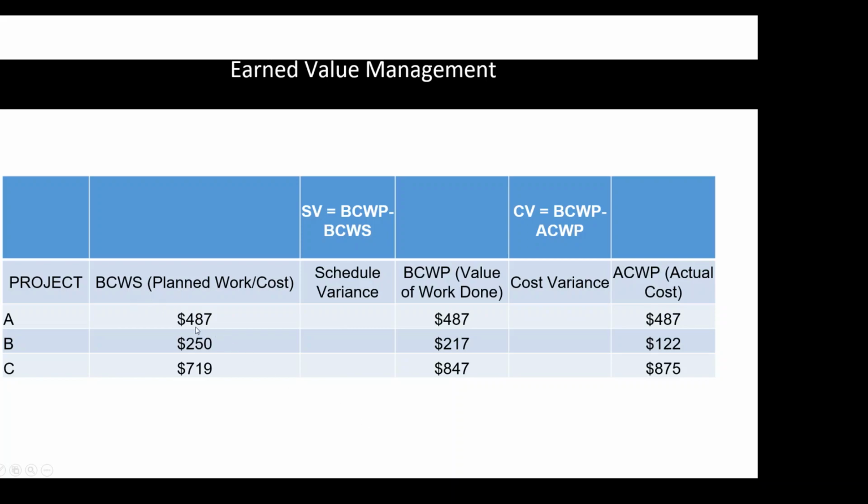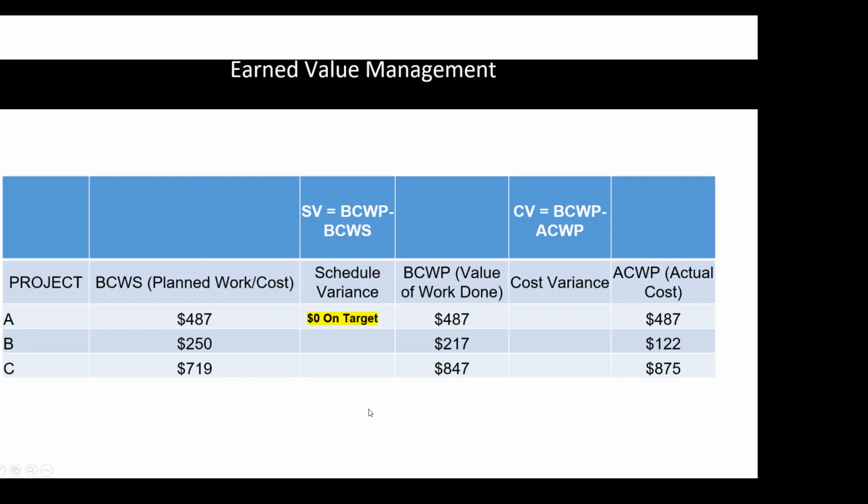I plan to pay 487. The value of the work, not the cost of the work, but the value of the work, budgeted cost of work performed is the value is equal to exactly what I planned. So the difference is 0, so it's on target. That's on point. Schedule variance on point.